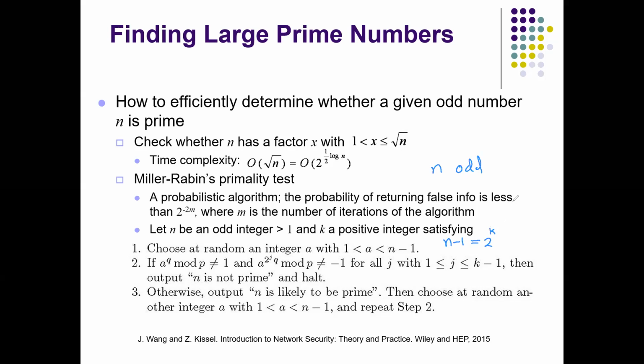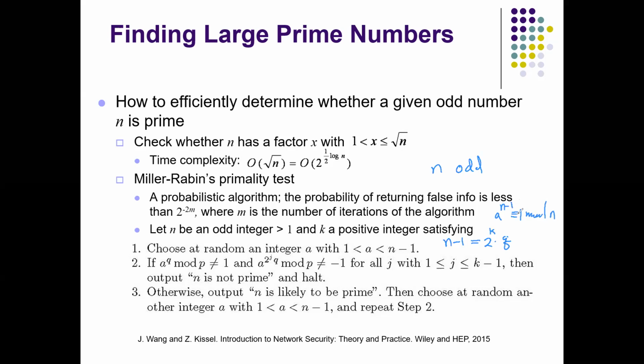Let's say you have k copies of 2 as a factor of n minus 1, times q. So in this test, I'm going to choose a random integer a between 1 and n minus 1. Now remember, if n is a prime number, then by Fermat's little theorem, we have a to the n minus 1 congruent to 1 mod n.